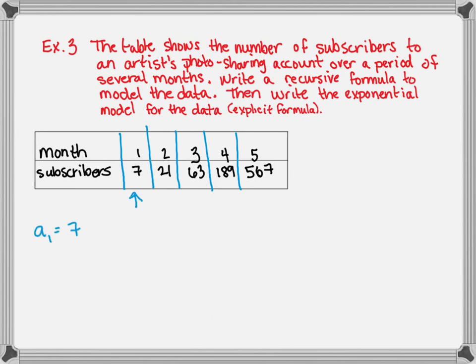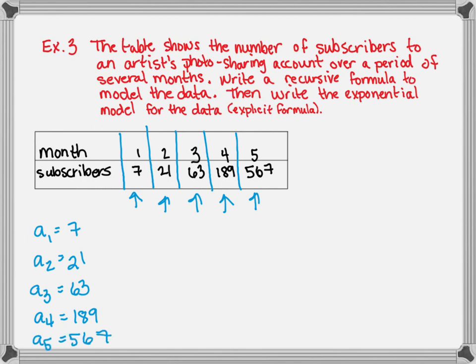Our A sub 1 term is 7, A sub 2 is 21, A sub 3 is 63, A sub 4 is 189, A sub 5 is 567. And each time we are multiplying the previous term by 3 to get the next term.